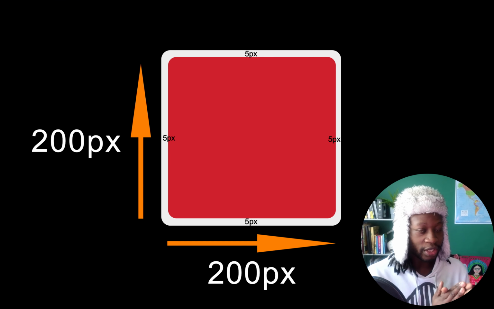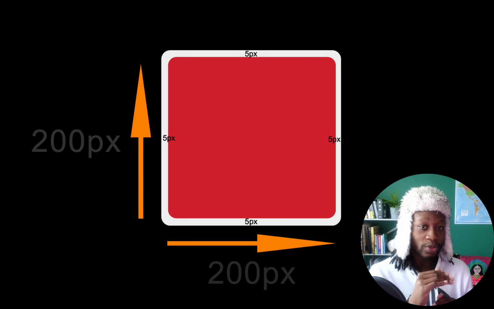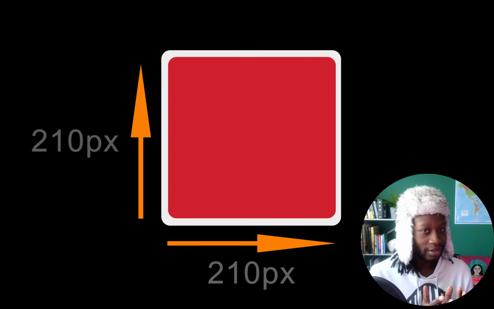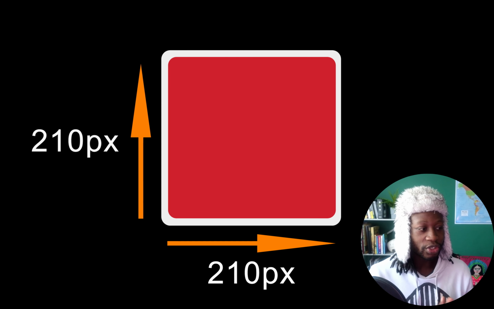So when you say you wanted your box to be 200 pixels wide, 200 pixels high, it's now 210 pixels. To change that, you put box-sizing: border-box, which now makes your box, no matter what you do with the border, always 200 pixels.